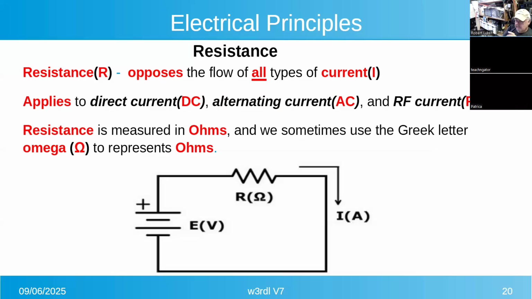Nothing really special about it. We measure resistance in ohms. Sometimes we use that little Greek omega symbol, and we use R to represent resistance. So it's our same little circuit you've seen at least three times now.